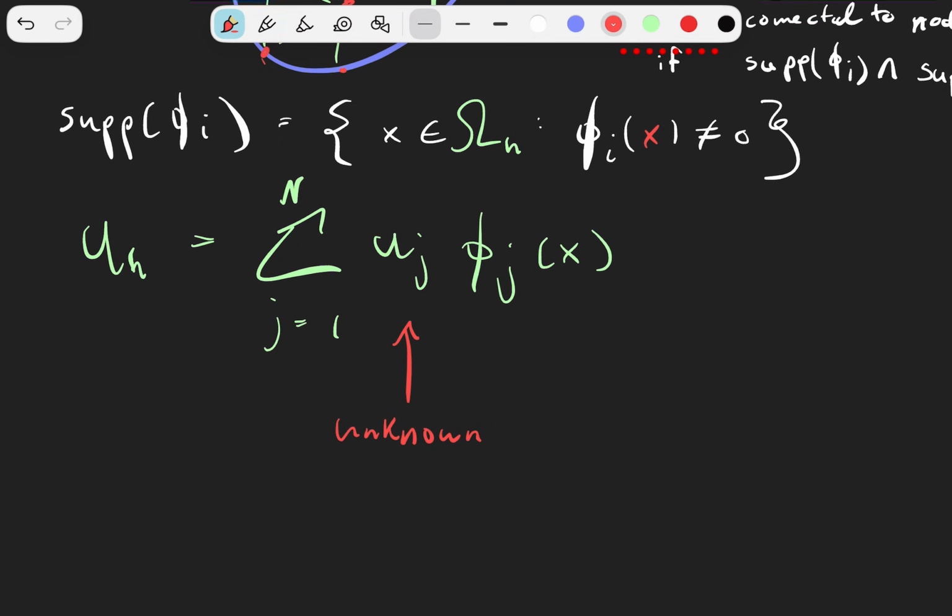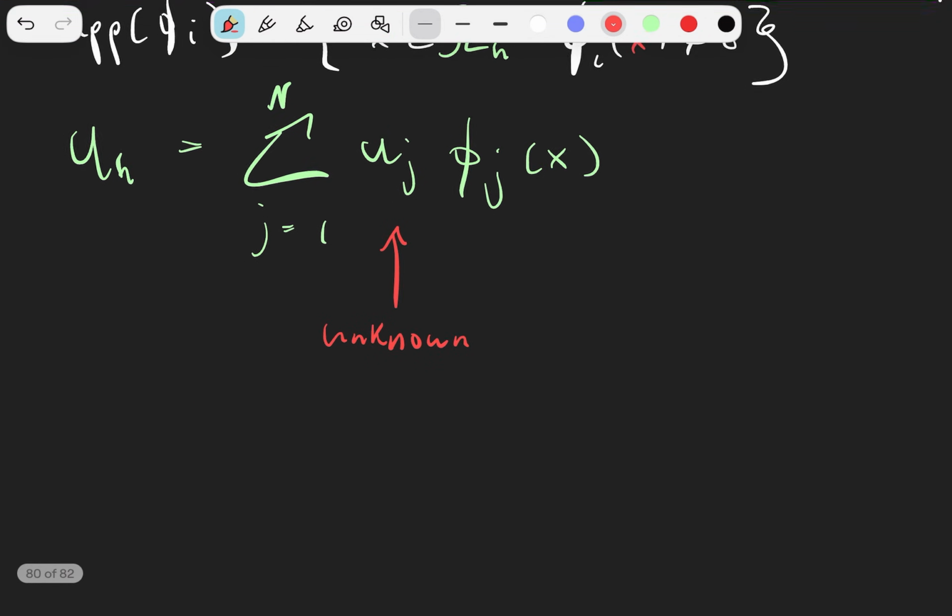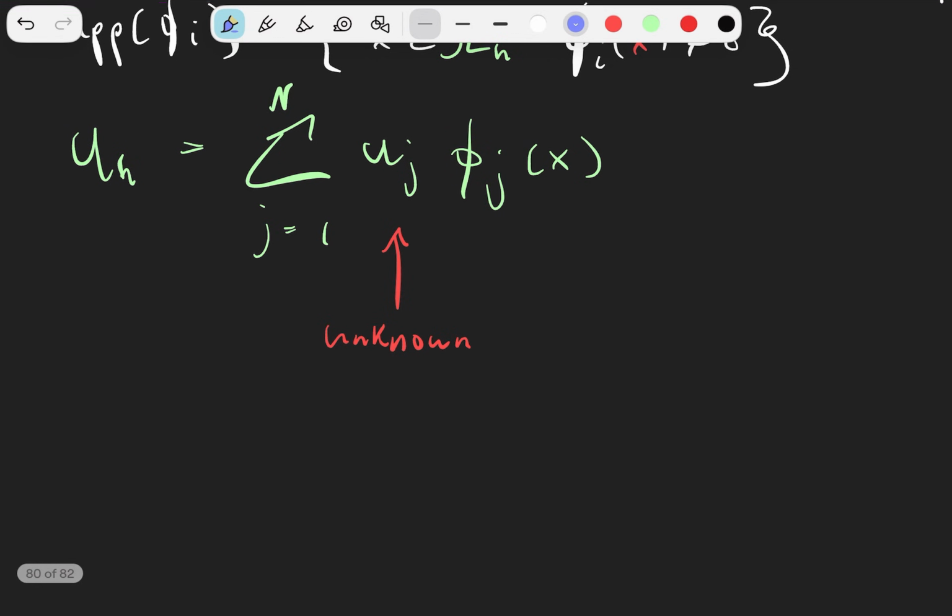All right? And so we're going to take our weak form. So again, our weak form, but what we can do here is take the gradient of this function here.